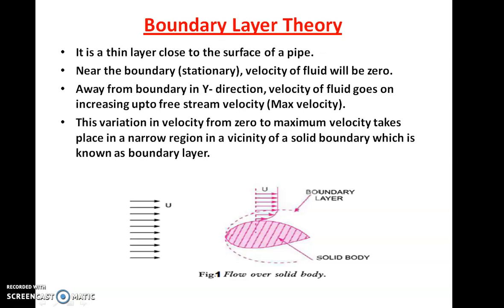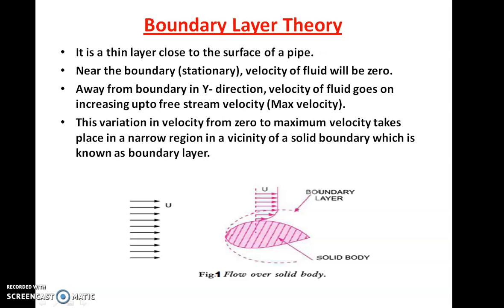Now, when this fluid strikes that solid body, the velocity suddenly becomes 0 at the edge of the solid body. And this condition, as you know, is called the no slip condition. So, along the edge of the solid body, the velocity of the fluid because of no slip condition is also 0, as the solid body is in stationary condition.